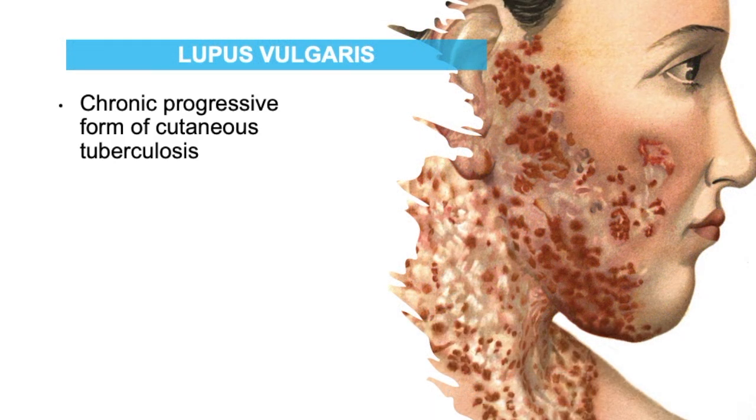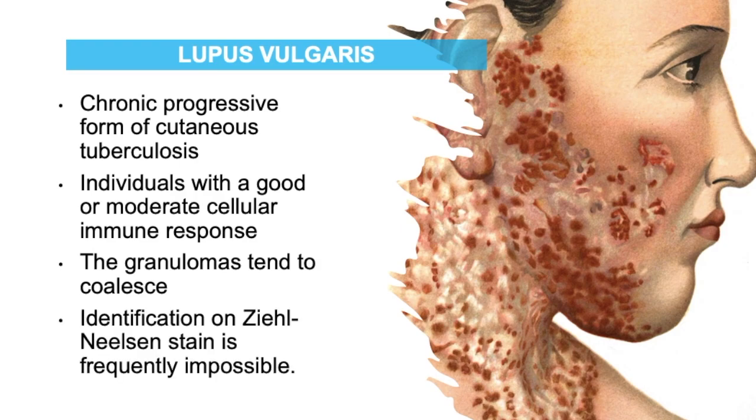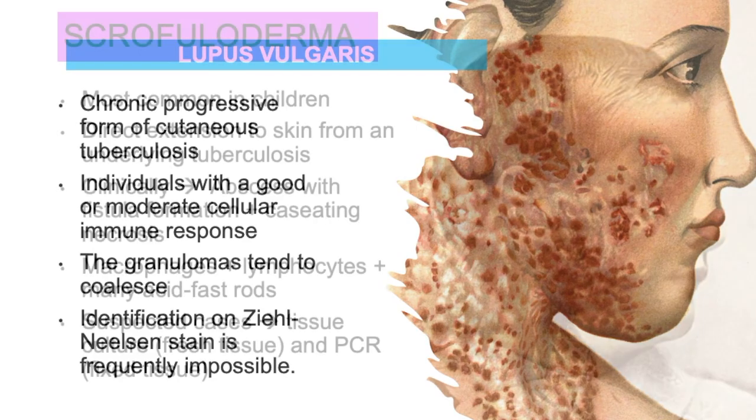So it is a chronic progressive form of cutaneous tuberculosis in an individual that has a good immune response, and the granulomas tend to form cheese-like material. And of course, if you think about this disease, you can order AFB staining, or further testing like PCR.